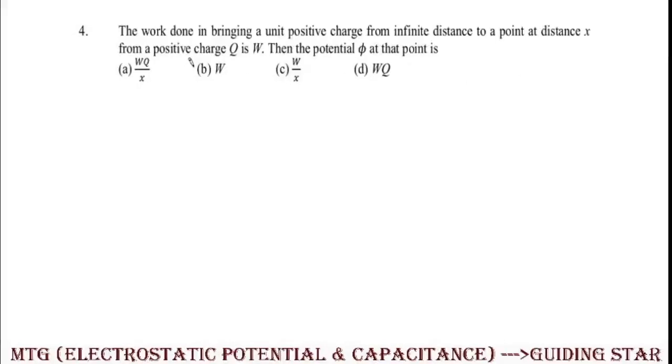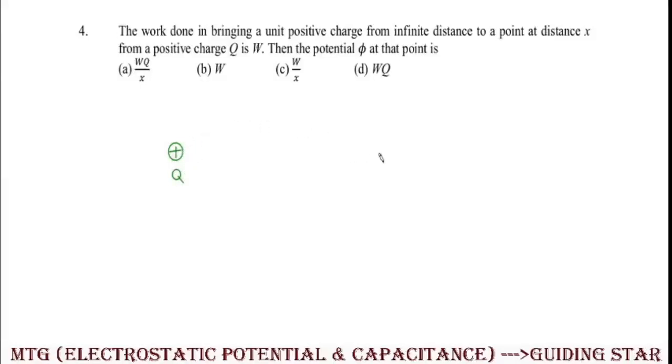Moving to question number 4, the work done in bringing a unit positive charge from infinite distance to a point at distance x from a positive charge q is W. So here what it is saying is that work done to bring a unit positive charge from infinite distance to a point at a distance x from a positive charge. There is one charge already there in the space, that is q, the source charge.